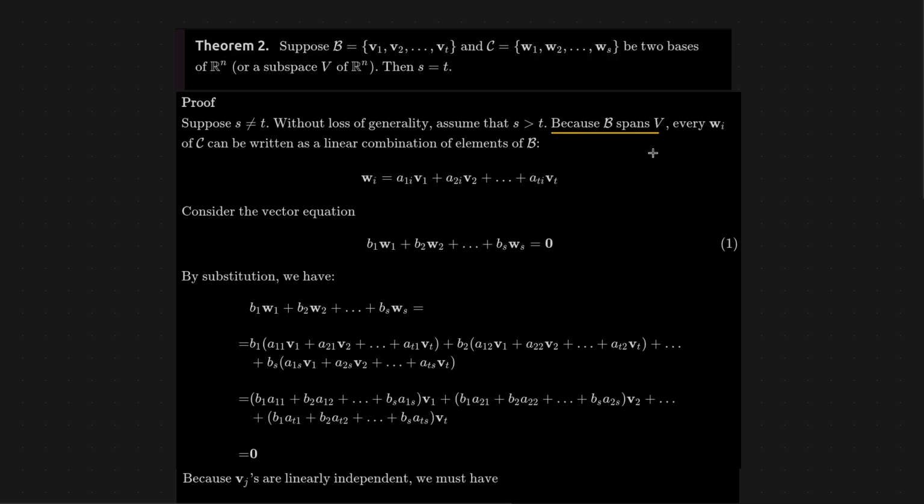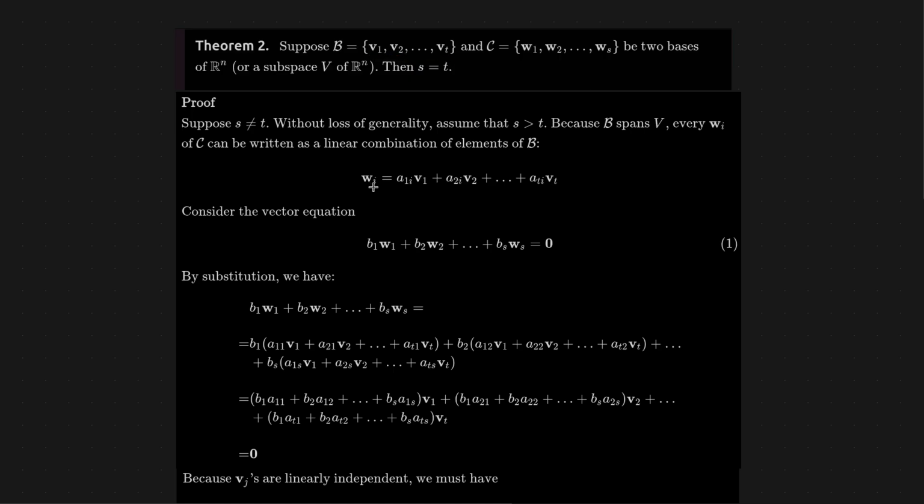Now, basis B spans V. That's one of the definitions of a basis. So every vector in basis C can be written as a linear combination of the vectors in B. Remember, since B spans the vector space, every vector in the vector space can be written as a linear combination of the spanning set of vectors. That includes these vectors. These vectors are in the vector space, and so they can be written as a linear combination of these vectors.